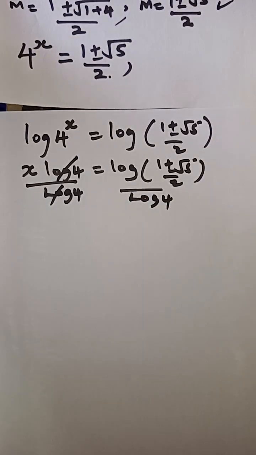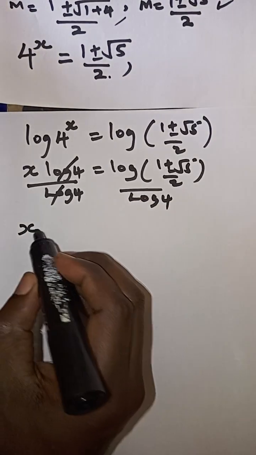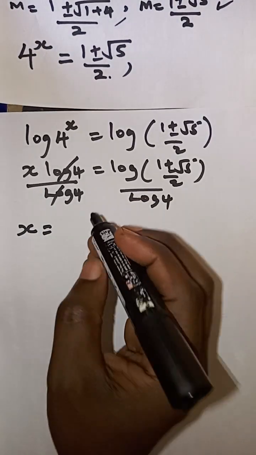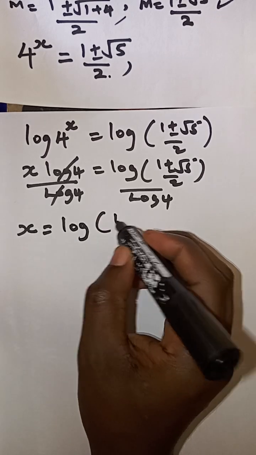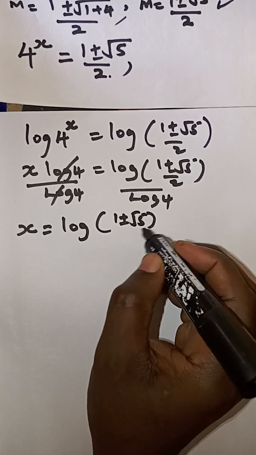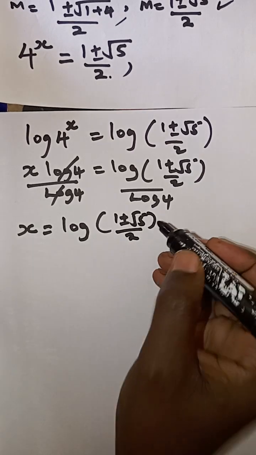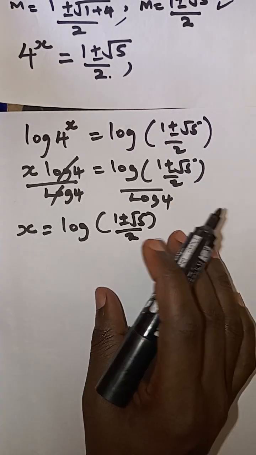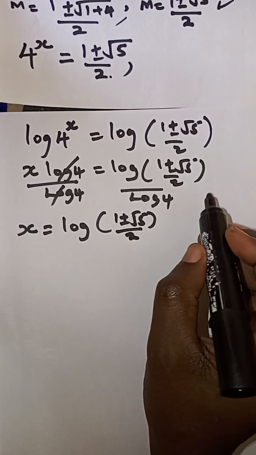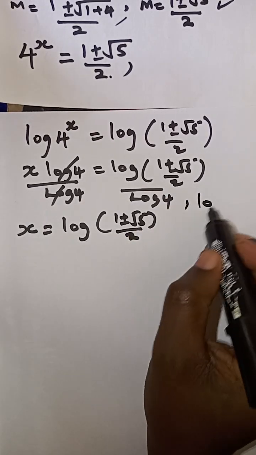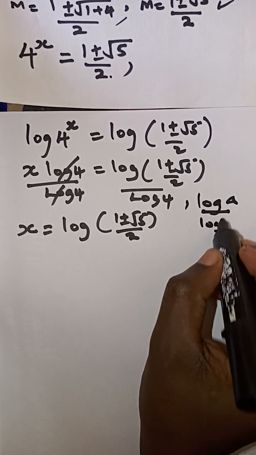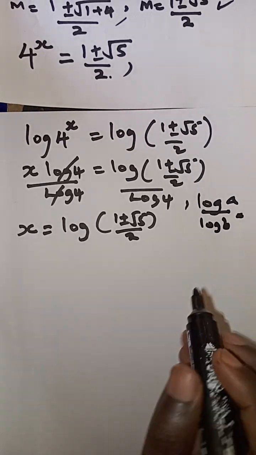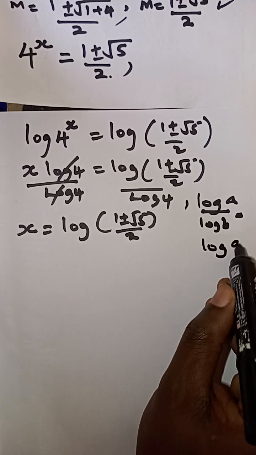So that I cancel like that, and I end up with the value of x now becomes the log of (1 plus or minus the square root of 5) over 2. Now recall again that wherever you have the log of a divided by the log of b, this can be written as the log of a to base b.